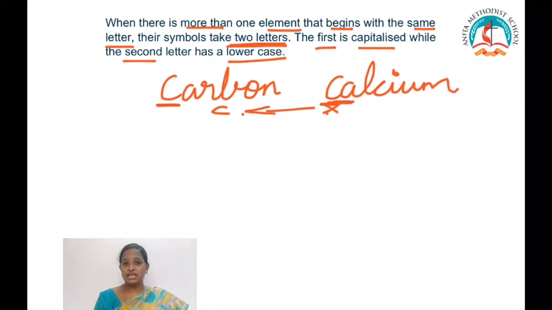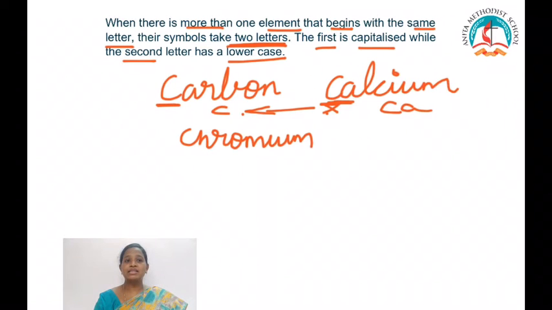Let me give you one more example, that is chromium and chlorine. These elements begin with the letters Ch. So, for chromium, I can take Cr as the symbol. I can't take only C because C is already denoting carbon. So, Cr is the symbol of chromium.